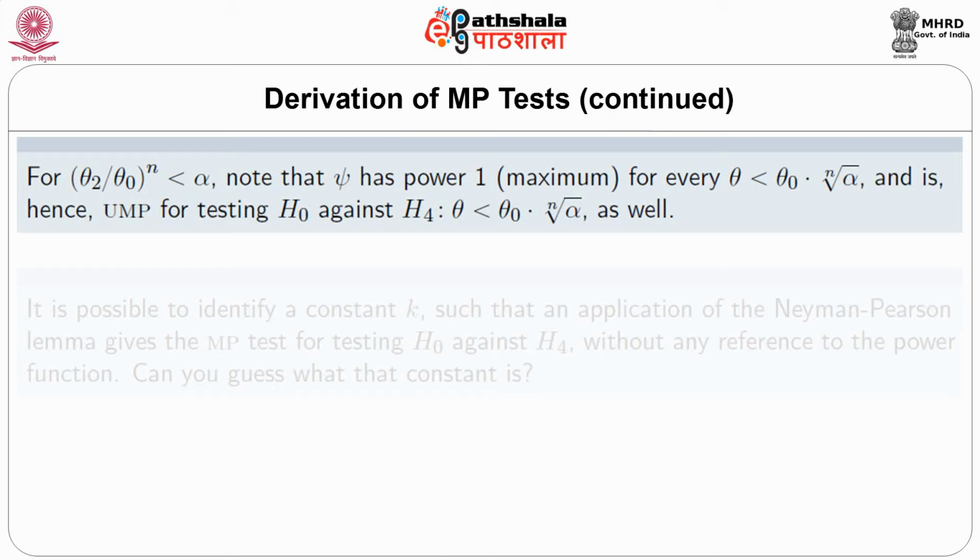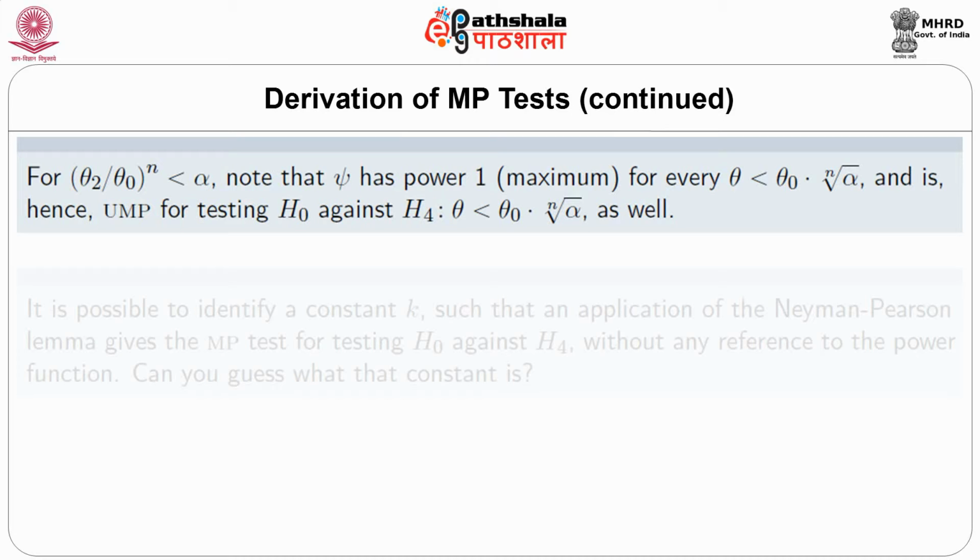So, we cannot say that this is a uniformly most powerful test against theta less than theta naught. So, here we can say that this test psi is uniformly most powerful at level alpha for testing H naught against theta lying between theta naught alpha to the power 1 by n and theta naught, because this condition is essential: for any theta 2 lying between these, we have psi as the uniformly most powerful test.